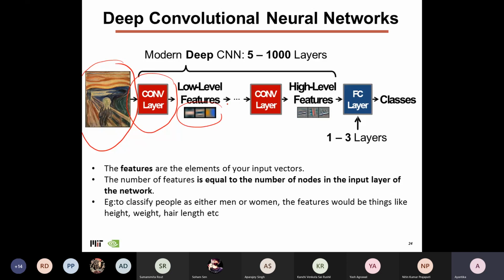Then we pass through multiple convolution layers and get high level features, and with those high level features, you are classifying and identifying the actual class of your input. Like when you are giving car images, maybe one is a normal Innova, one is an Innova Crysta. To identify those minute details, you need the knowledge of high level features.